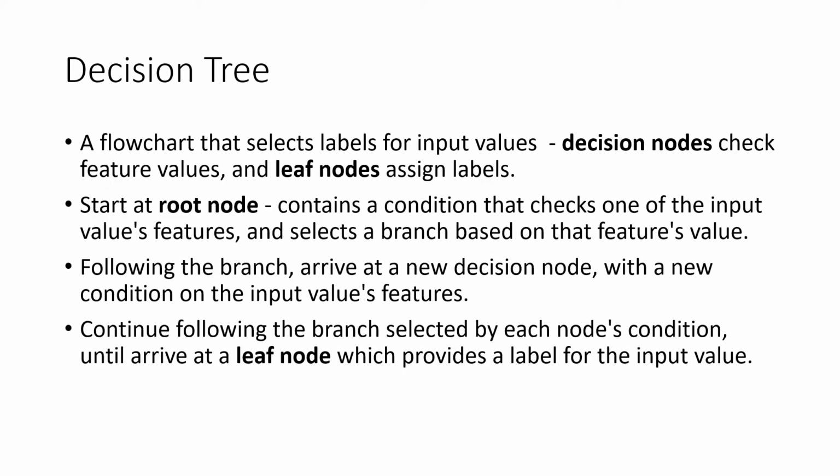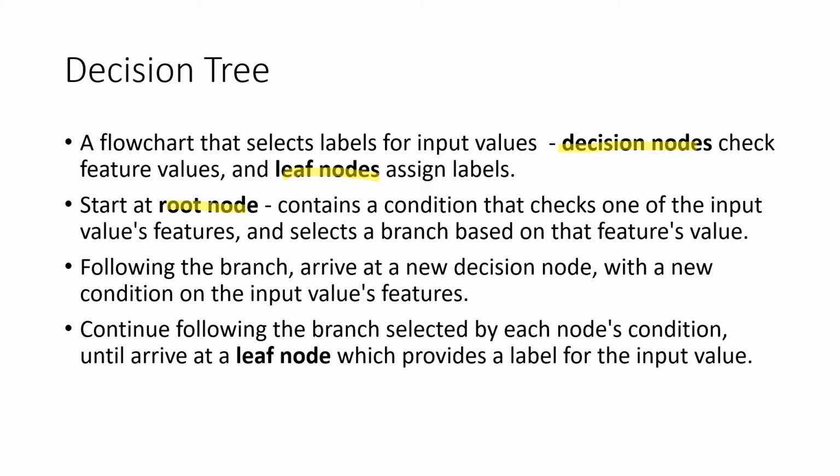A decision tree is a simple flowchart that selects labels for input values. This flowchart consists of decision nodes, which check feature values, and leaf nodes, which assign labels. To choose the label for an input value, we begin at the flowchart's initial decision node, known as its root node.